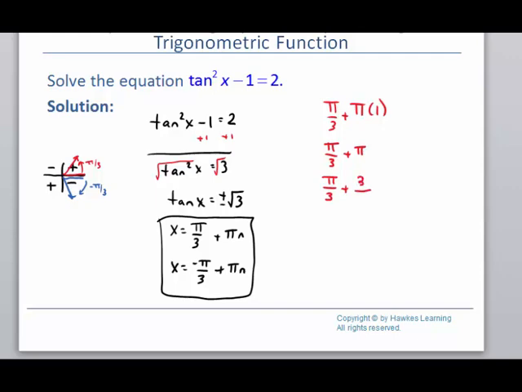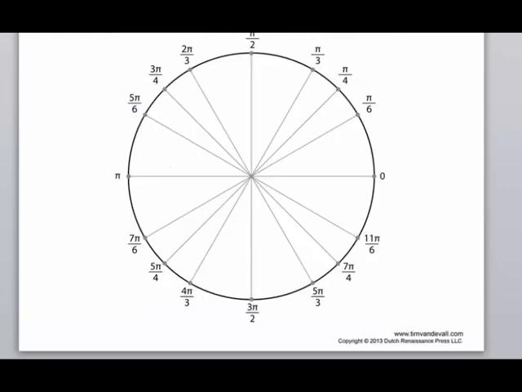It would have to be 3 over 3 to make the 1 that sits in front of the pi. And so if we add these things together, we're going to get 4 pi over 3. Well, 4 pi over 3 is, let me go to a chart here, your third quadrant angle.